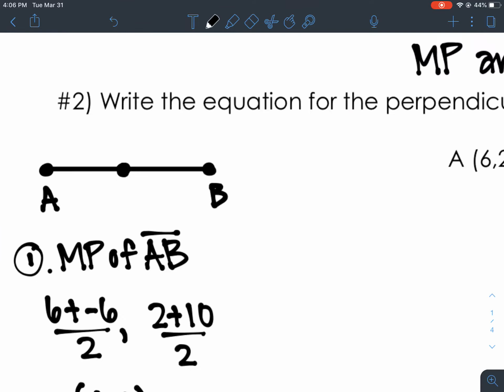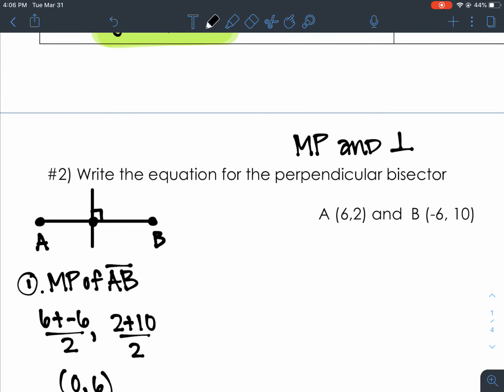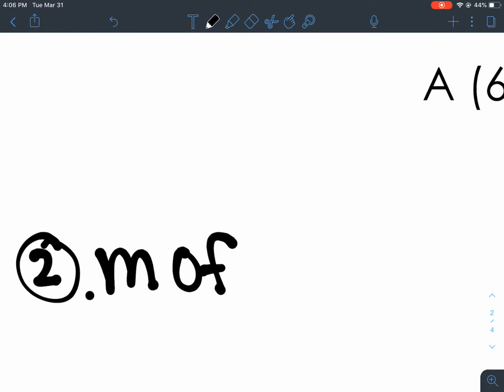Now the next thing, if I asked you to draw the perpendicular bisector, is you would draw the segment that is perpendicular to AB. So if it's perpendicular to AB, we now need to find the slope of AB so that we can make it perpendicular to it.